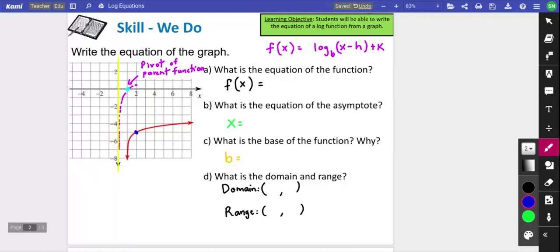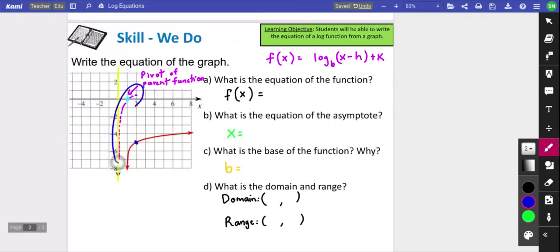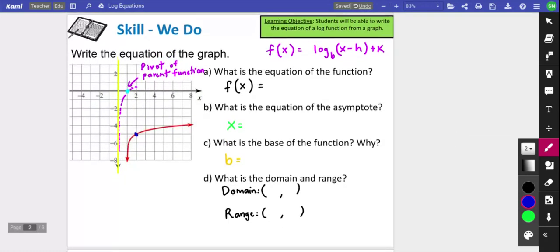You also see the purple is part of the parent function to show you that the parent function always crosses through (1, 0). We're going to use this equation right here to determine the function of the log in red.